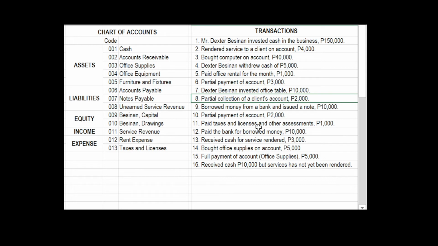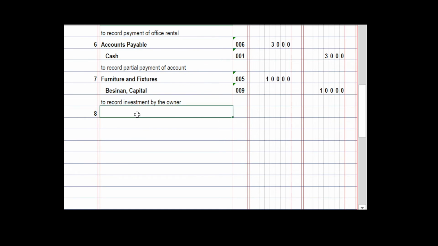Since mababawasan yung utang ni customer sa atin, dapat i-credit natin yung accounts receivable. Kasi accounts receivable is an asset, nasa debit side yan. Para mabawasan siya, dapat i-credit natin. So, debit tayo ng cash and then credit tayo ng accounts receivable. Okay, 001 and 002. Ang amount is 2,000.